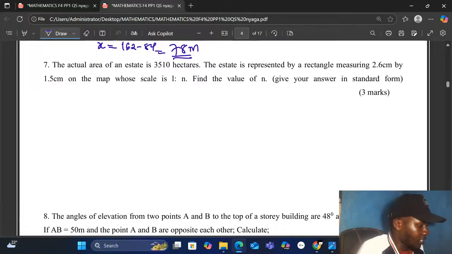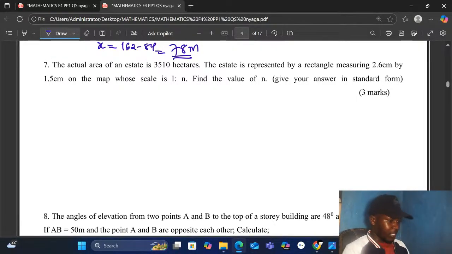The estate is represented by a rectangle measuring 2.6 centimeters by 1.5 centimeters on the map, whose scale is 1 to n. I mean, find the value of n. Then you give your answer in standard form. Your answer should be in standard form.